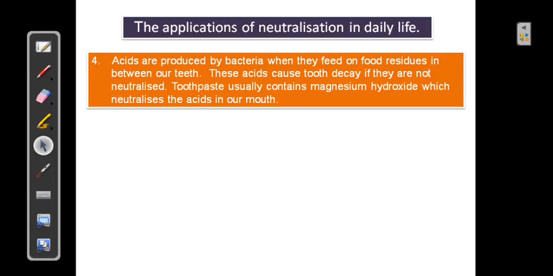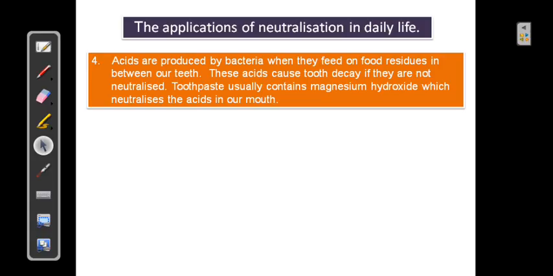Now this acid causes tooth decay, and if it is not neutralized, your teeth will turn into decayed teeth, and it looks ugly and it gives off a horrible smell.